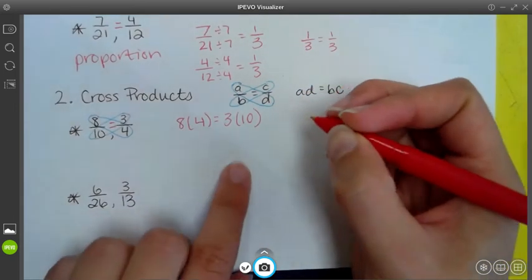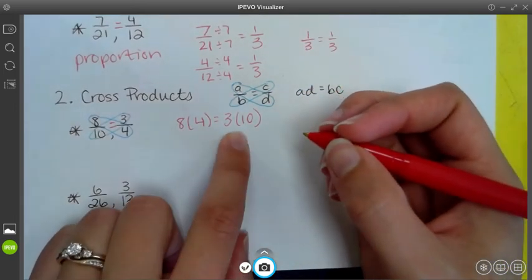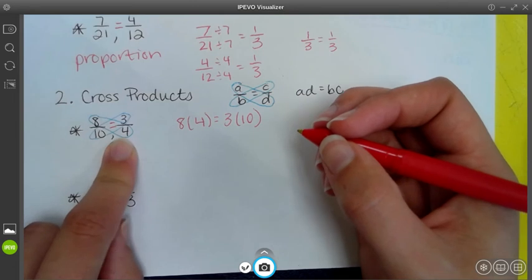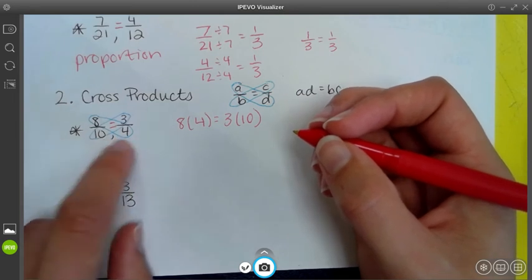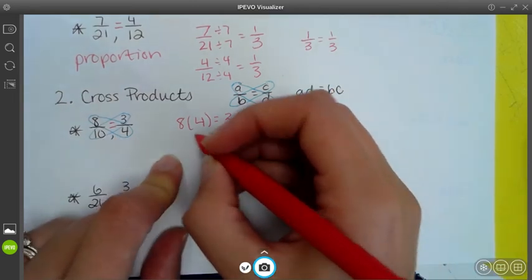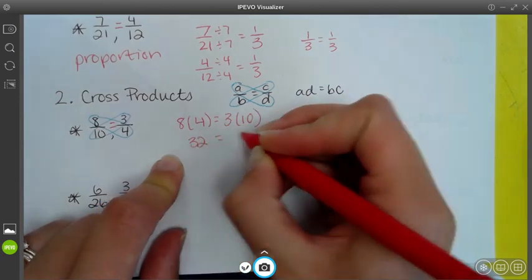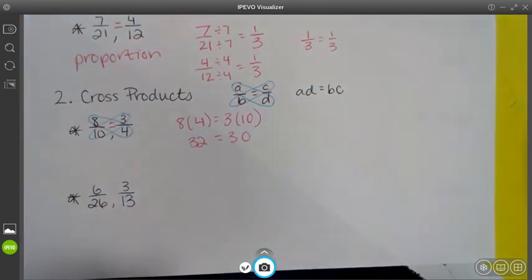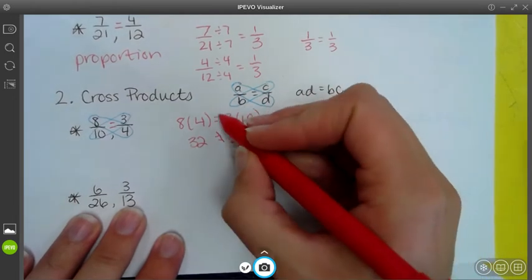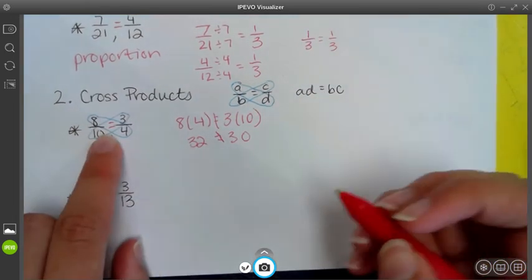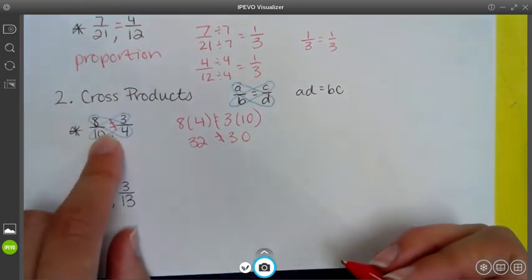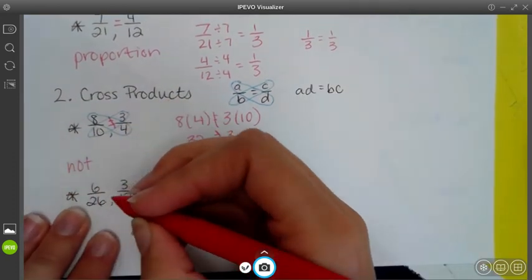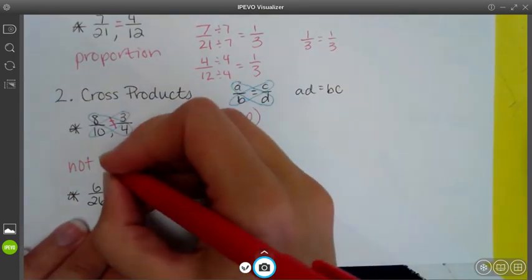If 8 times 4 equals 3 times 10, then 8 to 10 equals 3 to 4, and this would be a proportion. Well, 8 times 4 is 32. 3 times 10 is 30. 32 does not equal 30, so that's not equal. That means the ratios are not equal, so they do not form a proportion. It's not two ratios equal to each other.